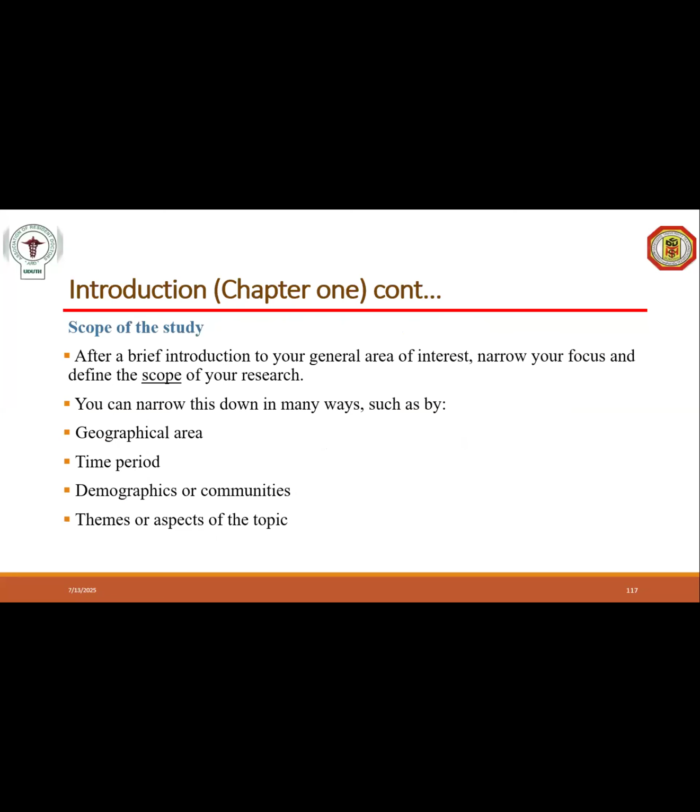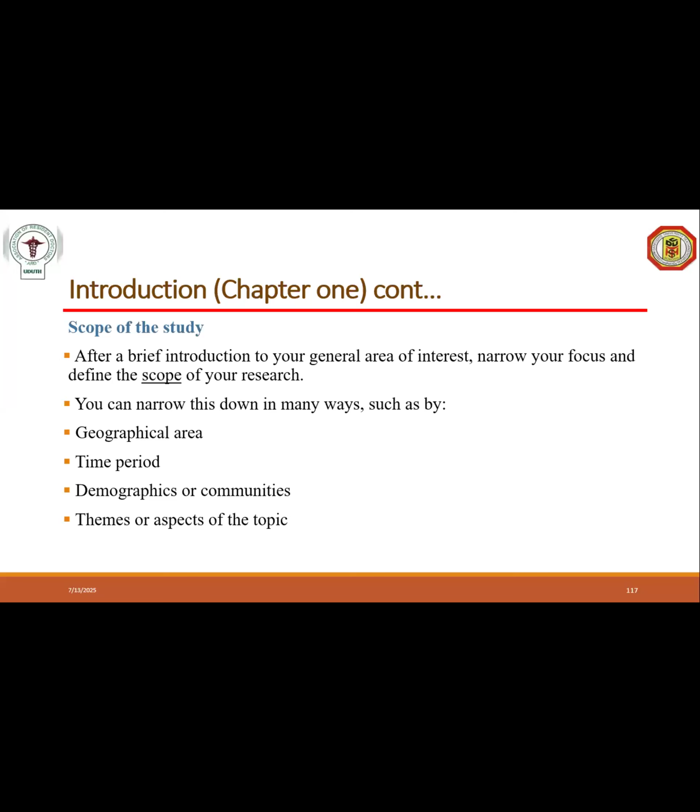So the next thing is the scope of the study. After a brief introduction to your general area of interest, narrow your focus and define the scope of your research. You can narrow this down in many ways, such as geographical area, time period, demographics or communities, themes or aspects of the topic.